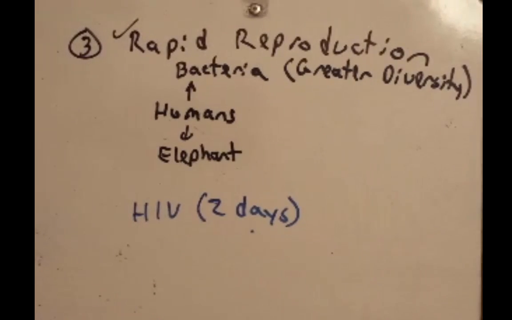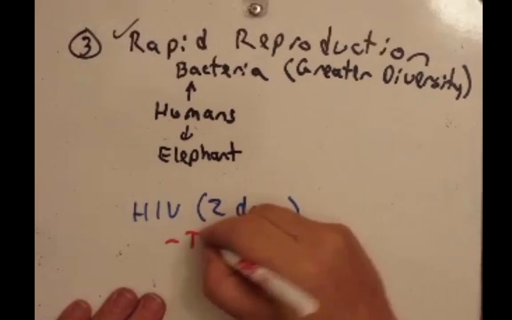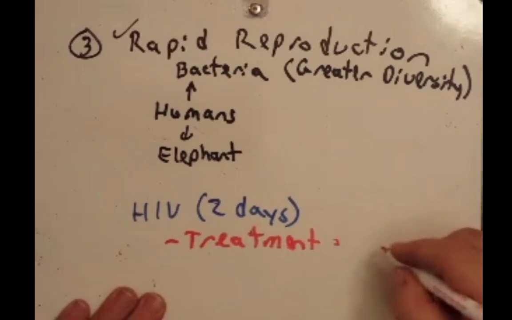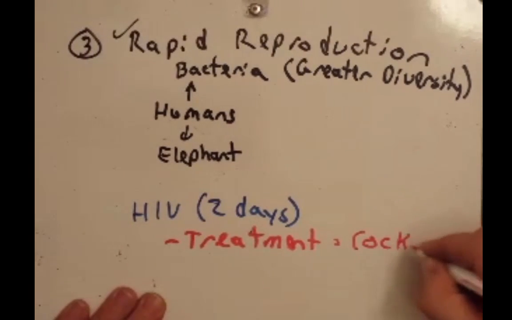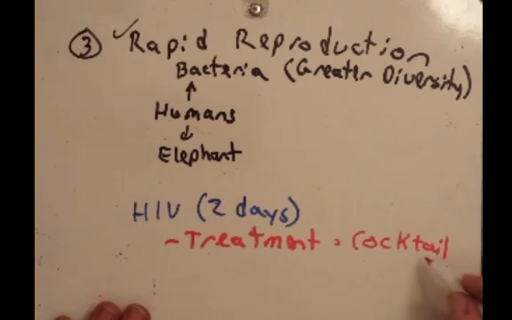So with HIV, you've probably heard this term before, but the treatment consists of a cocktail. Now, this is multiple drugs in one dose. The treatments attack HIV in multiple different directions, and in doing so, it's more difficult for HIV to develop a resistance to just one method.